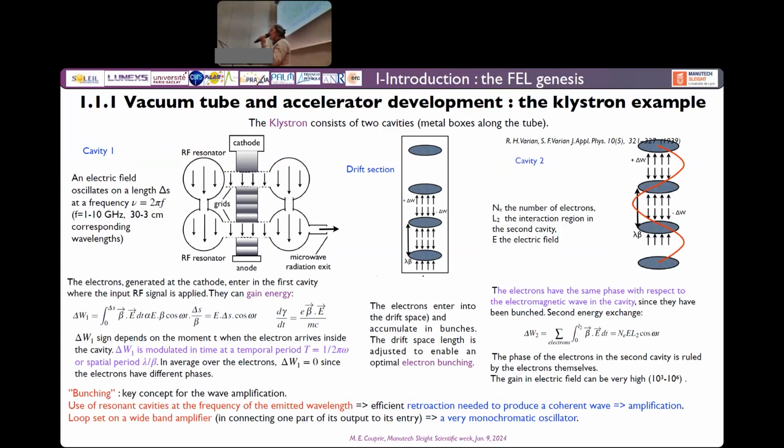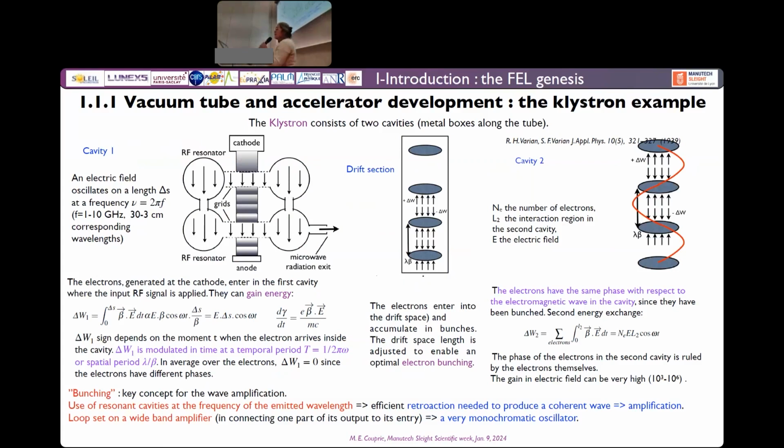So then we can have a gain, an energy exchange, and we write the work. So we have delta W1, which is given by this relationship.